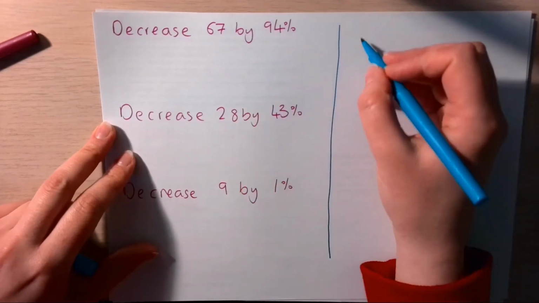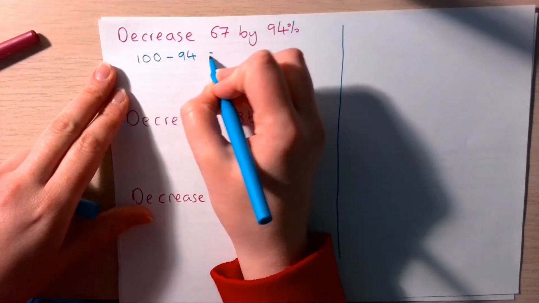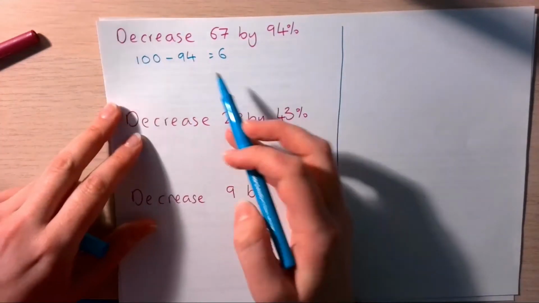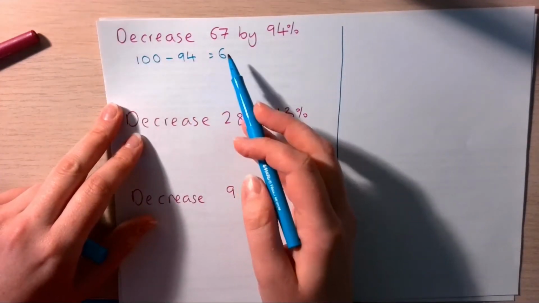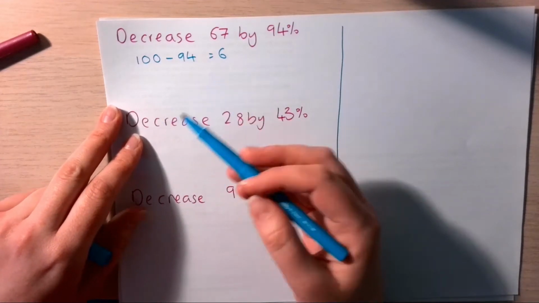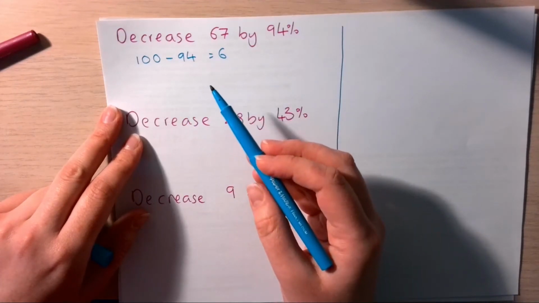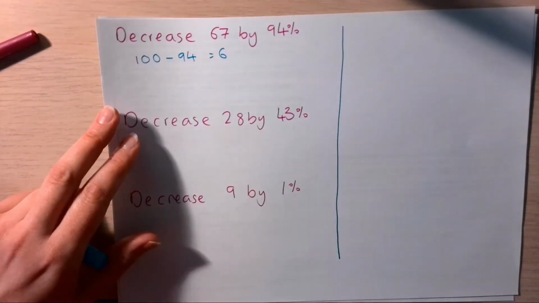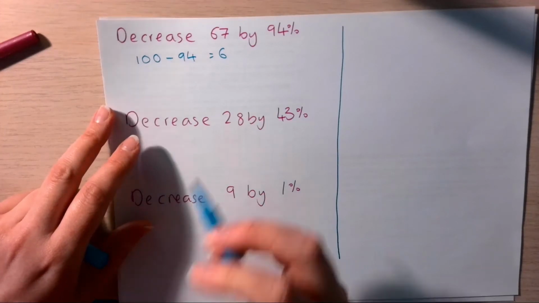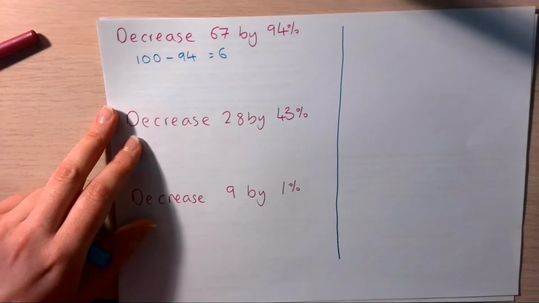So what I've actually done is 100 subtract 94, which is 6. For example, if this was money, and I'm taking 94% off £67, I'm actually only paying for 6%. So that's the first step. We need to find out what percentage we actually want to be left with, and we're going to be left with 6% here. That's important.